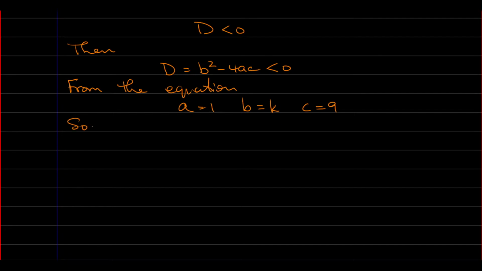So when we substitute here, we'll have k squared minus 4 times 1 times 9, and we're looking at less than 0. So k squared minus 36 is less than 0. Alright, this here you can see right away is like the difference of two squares.